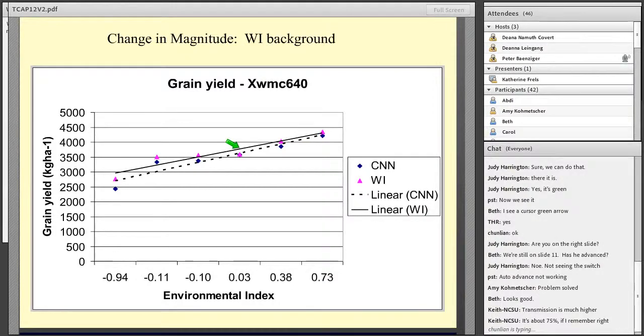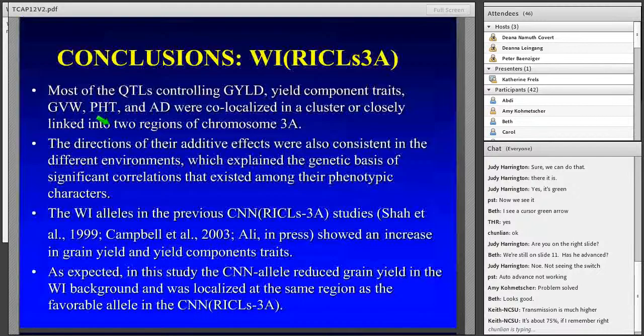What was interesting to me is I thought the yield would be greater at the higher yielding sites. If you remember, the separation of the Cheyenne allele from the Wichita allele is mainly in our high yielding environments, and in the Wichita background, the differences seem to be greater in the lower yielding environments. So that's something which we don't know, not sure how to explain that, to be honest with you.